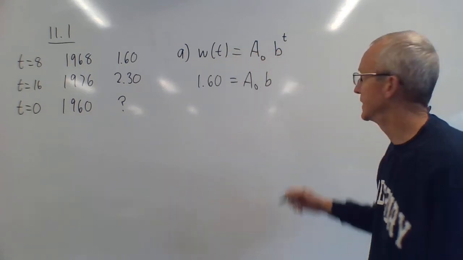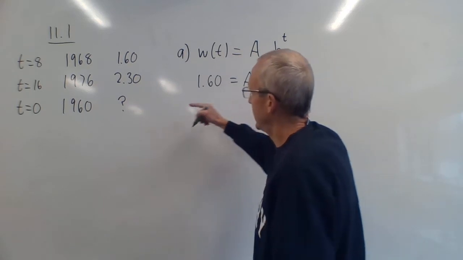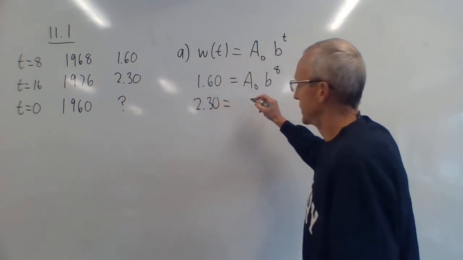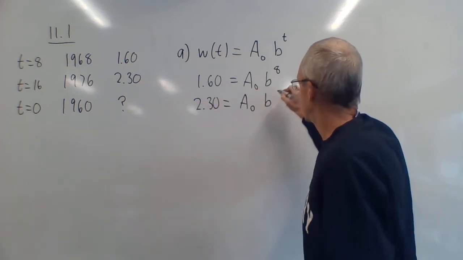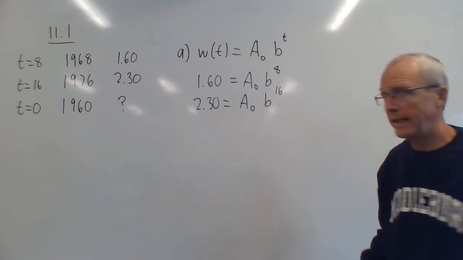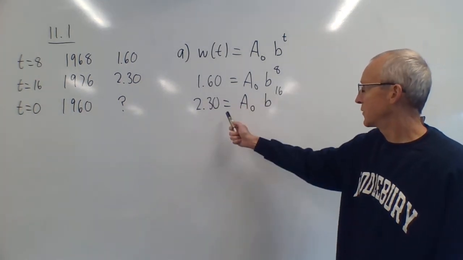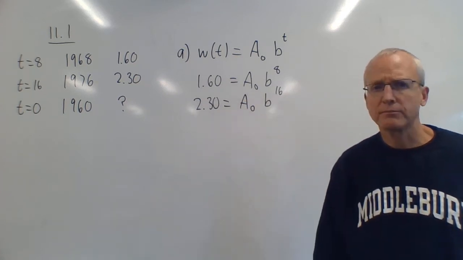So this time equals 8 years after 1960, so B to the 8. And then in 1976, it was $2.30, which is A0 times B, and that was year 16. Okay, so those are our 2 equations. We need to find out from these 2 equations what B is and what A0 is.